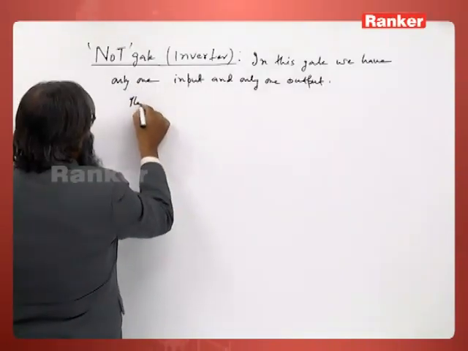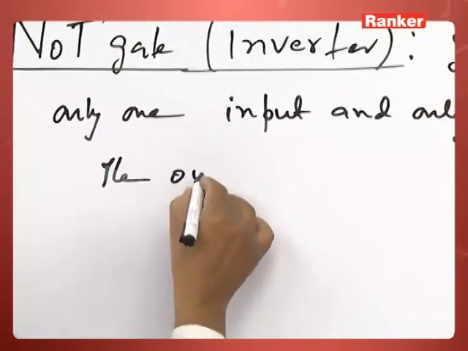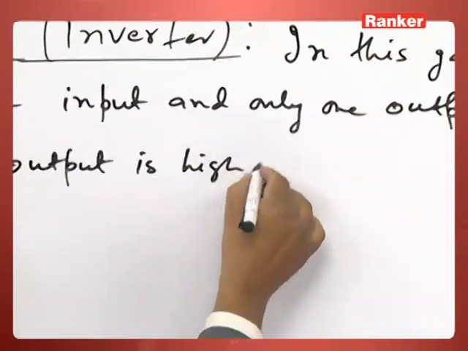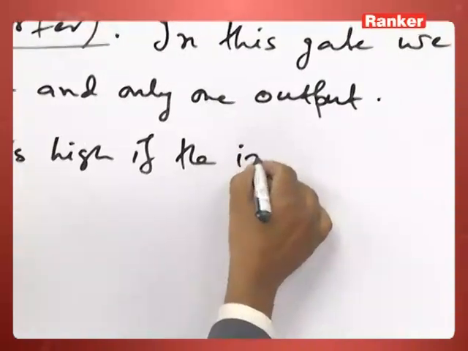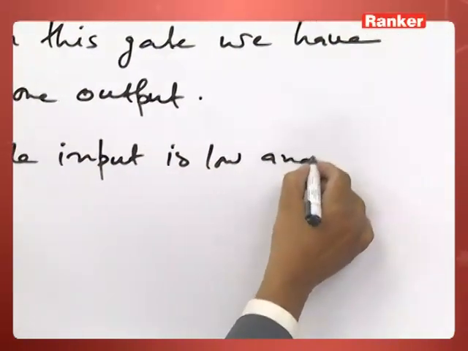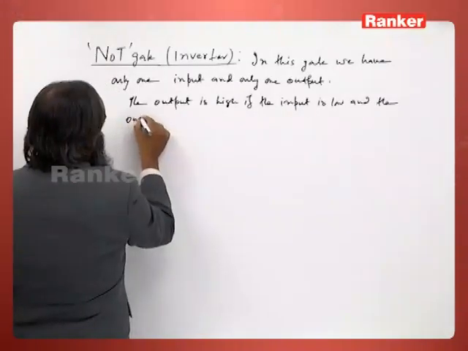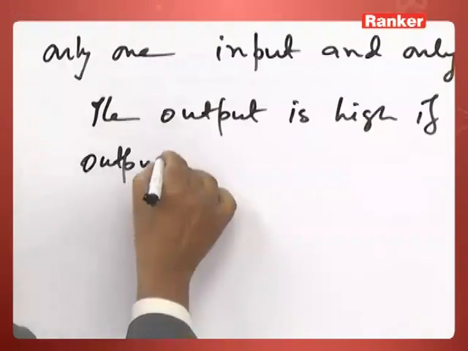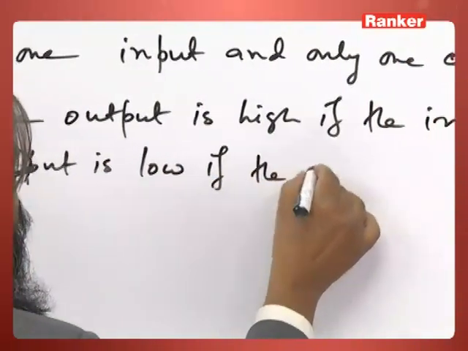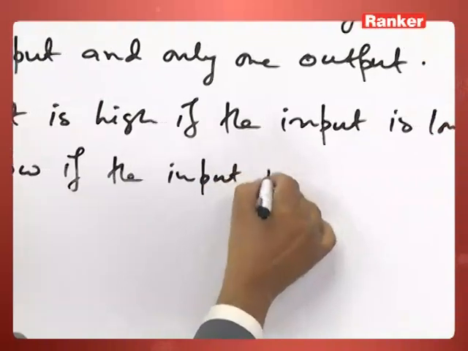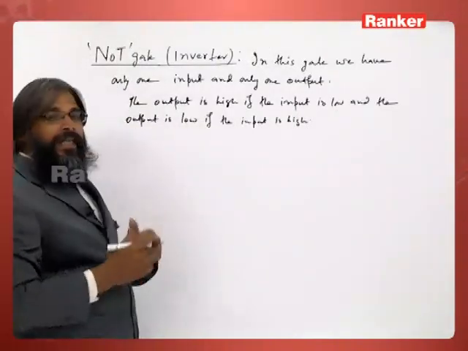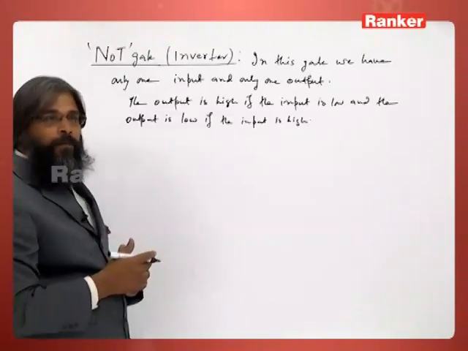You see the output is high if the input is low, and the output is low if the input is high. So it inverts the signal, we can say.